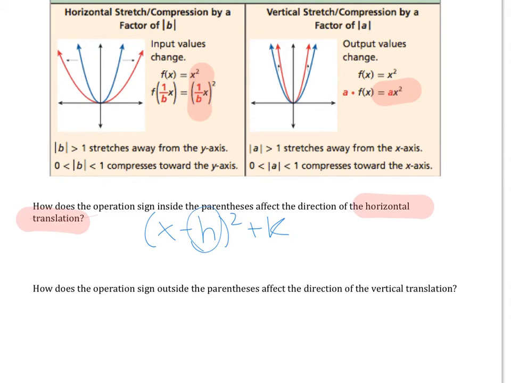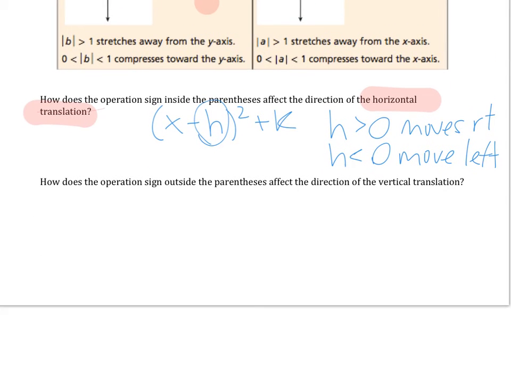So if h is greater than 0, it moves it right, less than 0, it moves it left.